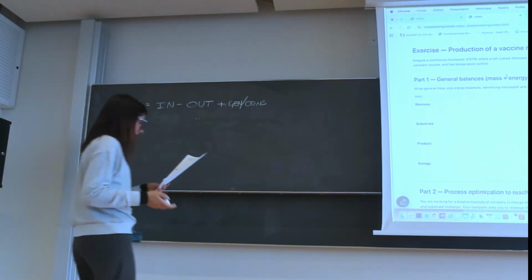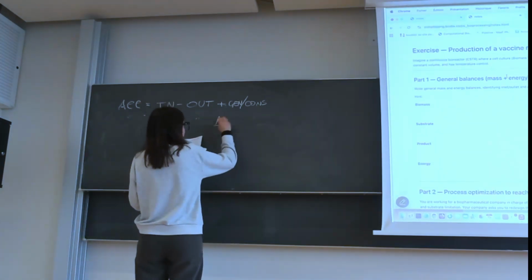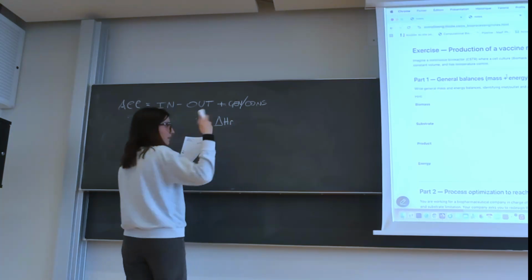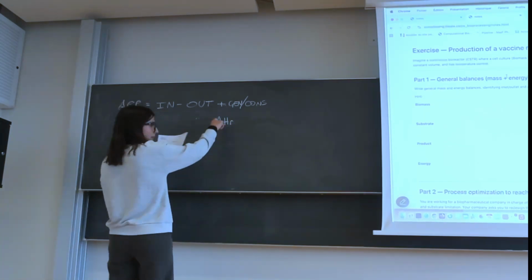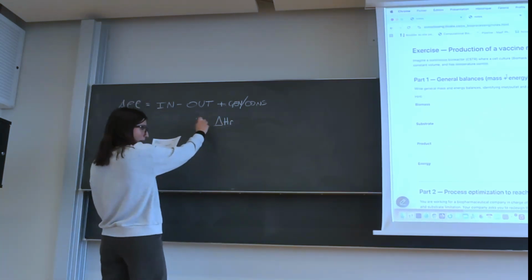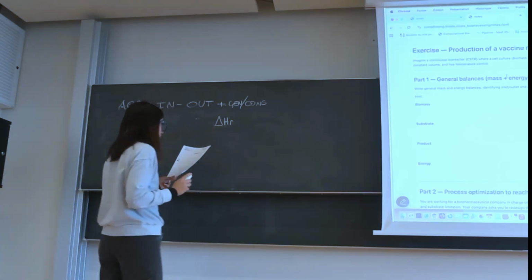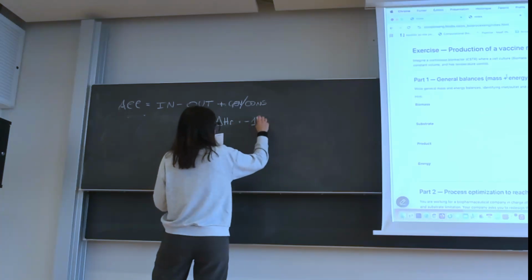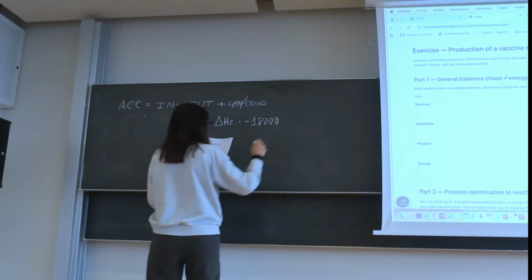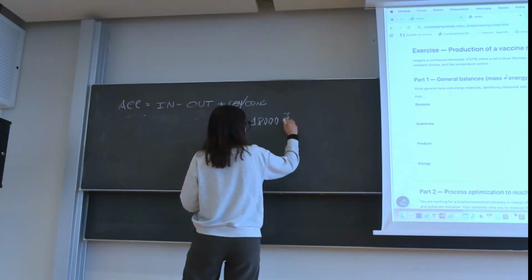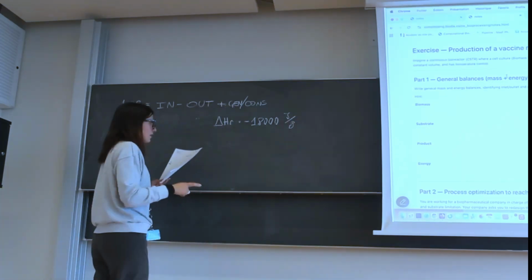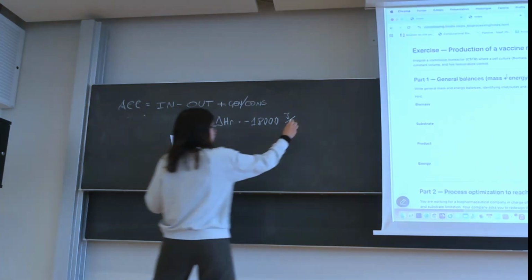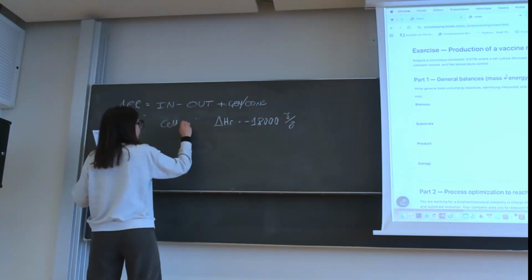In my case, for the reaction of cell growth, this is a delta HR, it's not a minus, so attention to this, equal to minus 18,000 joule per gram. And this is for the cell growth.